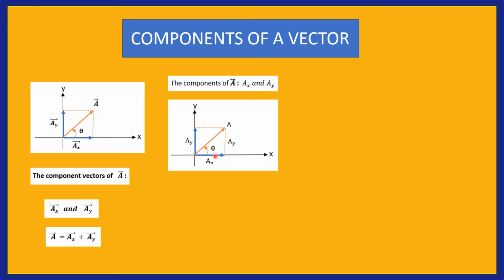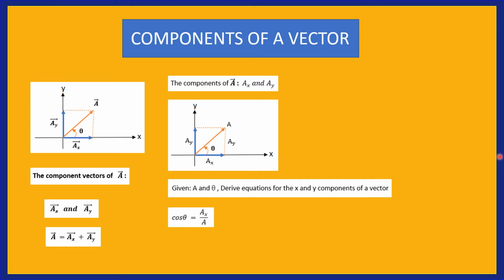Now, for example, if we are given A and theta, we can derive an equation for A_x and A_y. We can find the components of A. Let us begin with A_x. We have cosine theta equals A_x over A, the adjacent side over the hypotenuse.